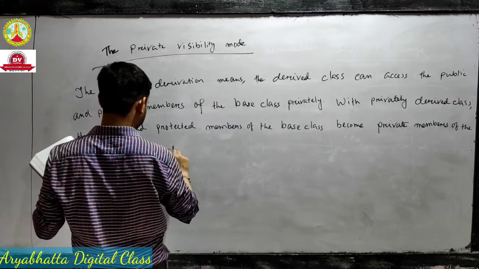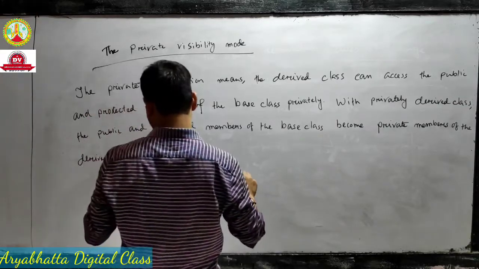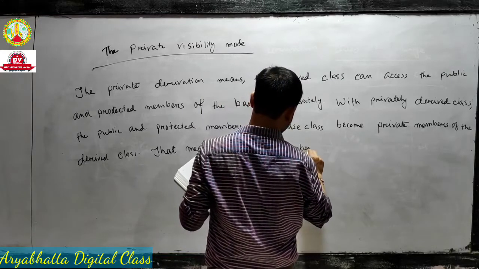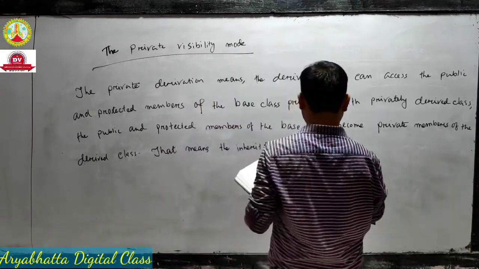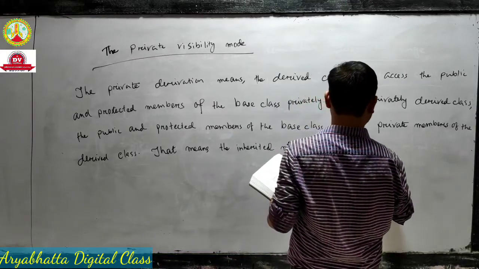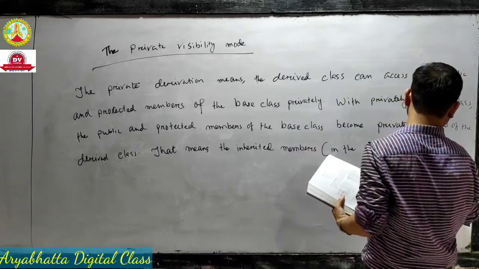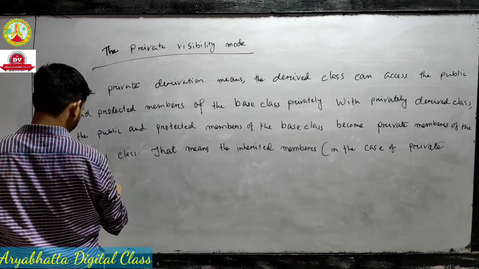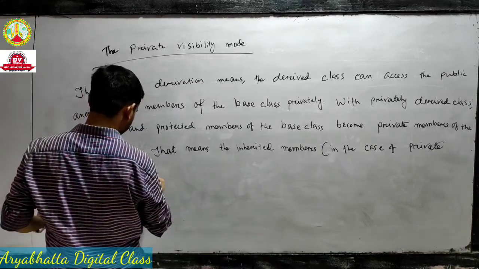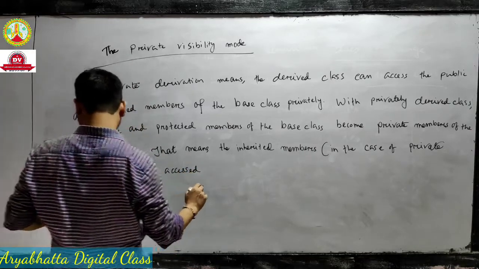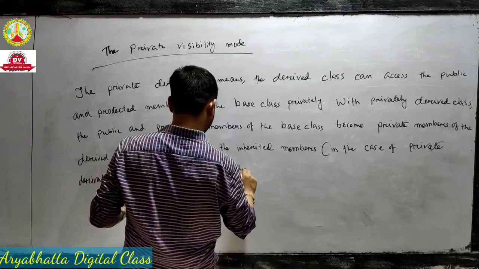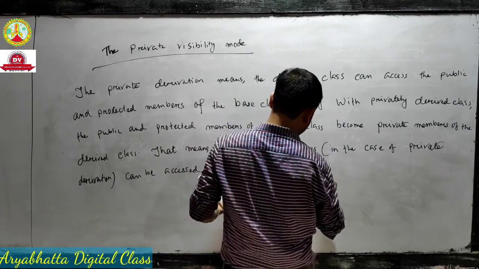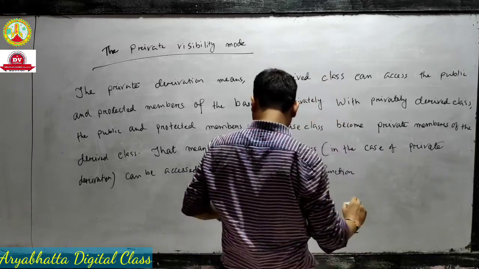That means the inherited members in the case of private derivation can be accessed only through member functions of the derived class.